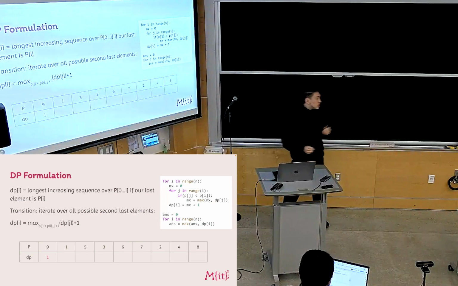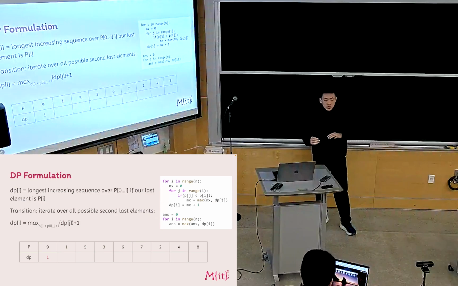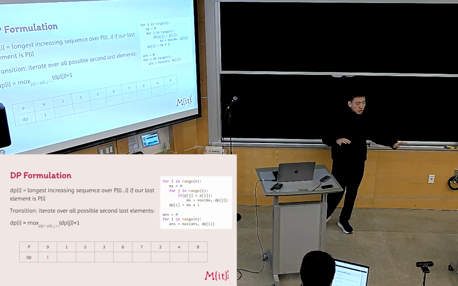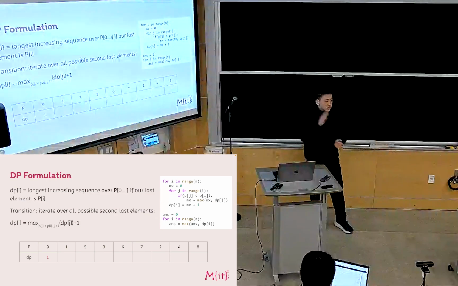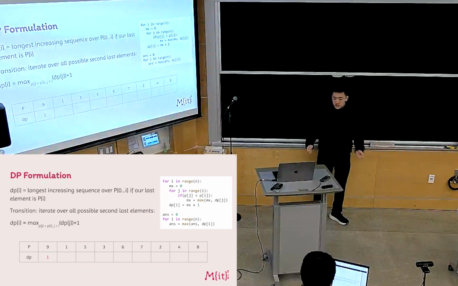So the reason we do this is think about the transitions, right? All we need to do is figure out what the second to last element was, and so now we can just tack on i to the end of it, and now we know that this is our transition.